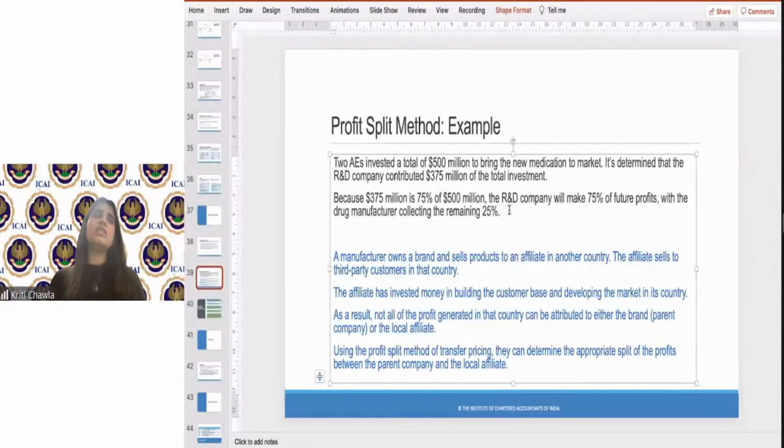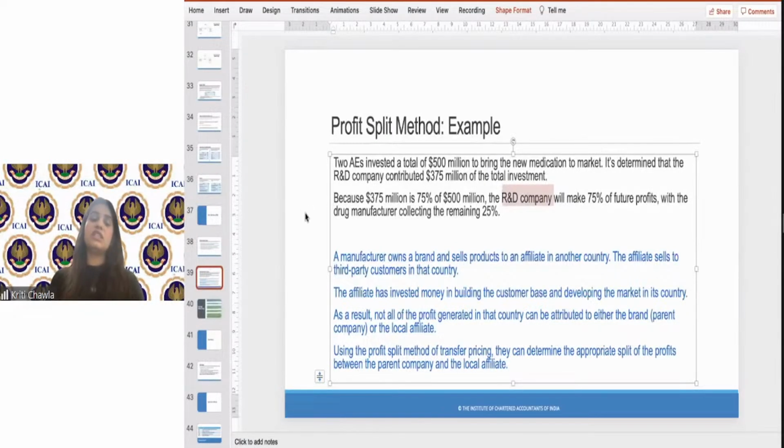Practically, everyone in the industry says that the profit split method is the most complex method, and that is because it comes into play when there are intangibles involved. If you see in this example, there was an intangible involved from the R&D company.